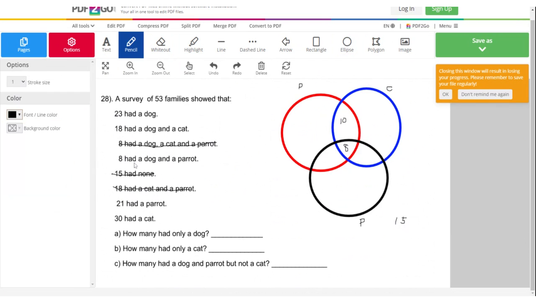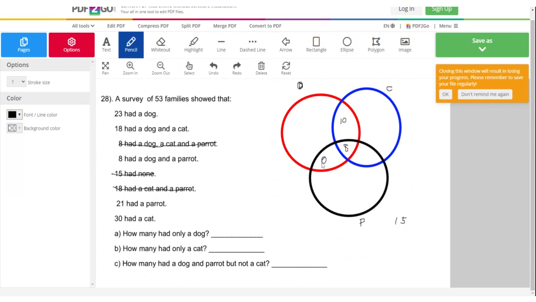8 had a dog and a parrot. So it looks like there's going to be a 0 there, because that's the same as all 3. So there's no more.